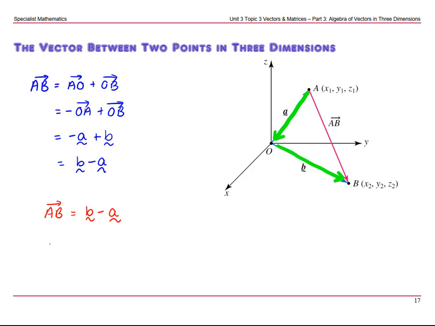So if we had AC, that would be C minus A. If we had DA, that would be D minus A. But you can always work them out and not have to remember that.